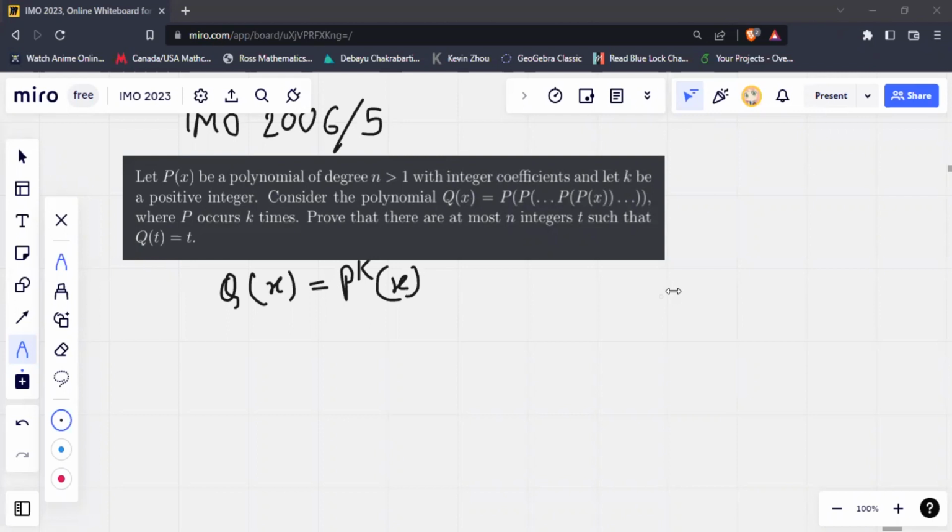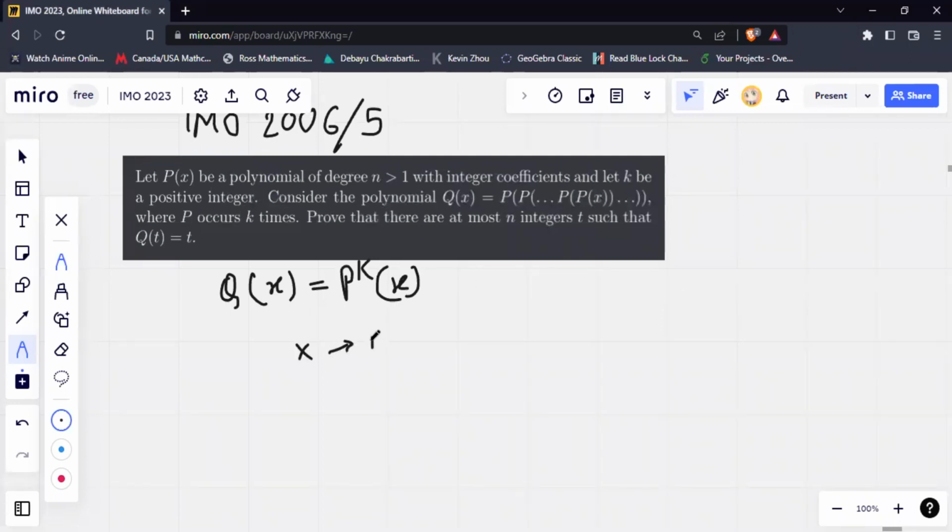Do we show that there is only one cycle? Like consider x, P of x, P squared of x, and so on, and if there is one cycle, then do we have to show that it's the only one? Let's see if it has only one cycle. So let's say n is 3 and the cycle length is 5.